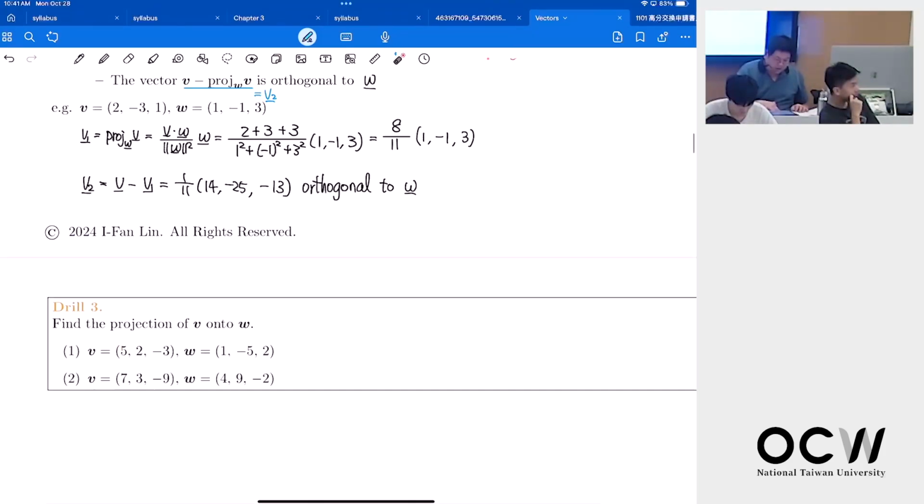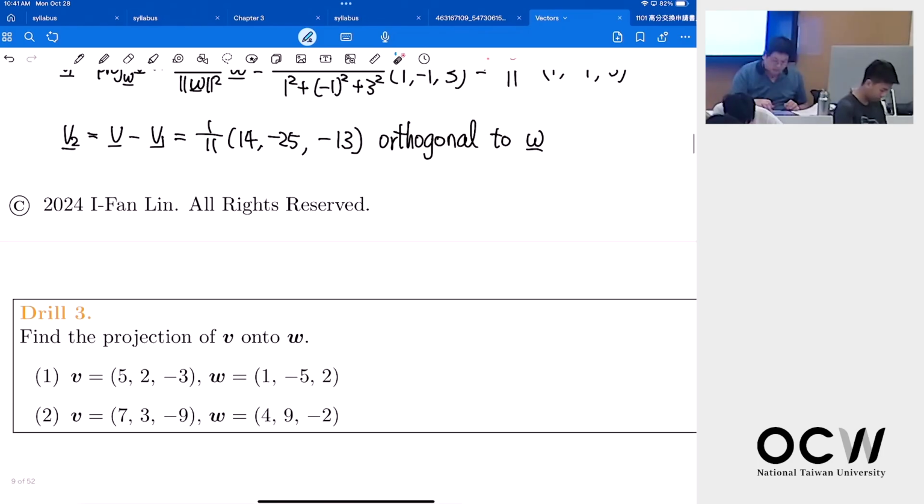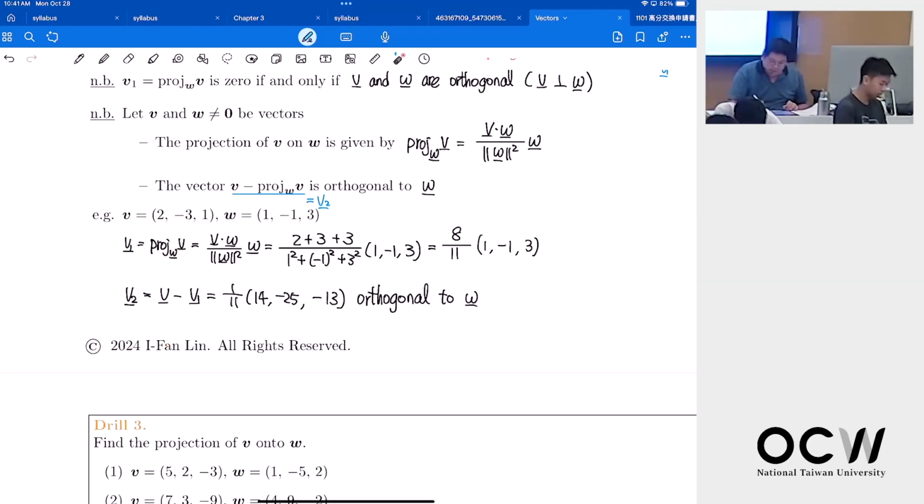Right, so here, let's try this too. Please find the projection of V onto W in your team. Let's get the fastest three teams. If you finish with the correct answer, the projection of V onto W, what is that vector? You see from this example that you may have a magnitude and also the direction.